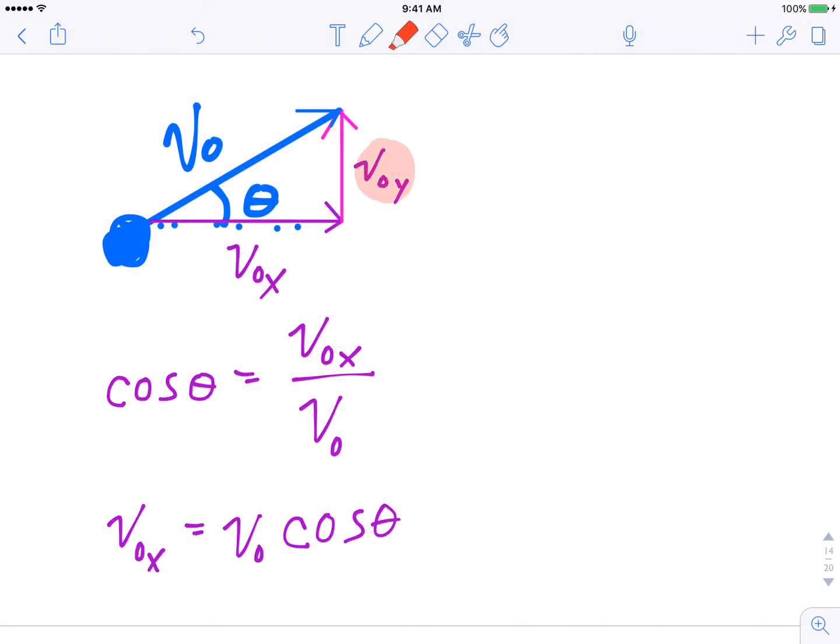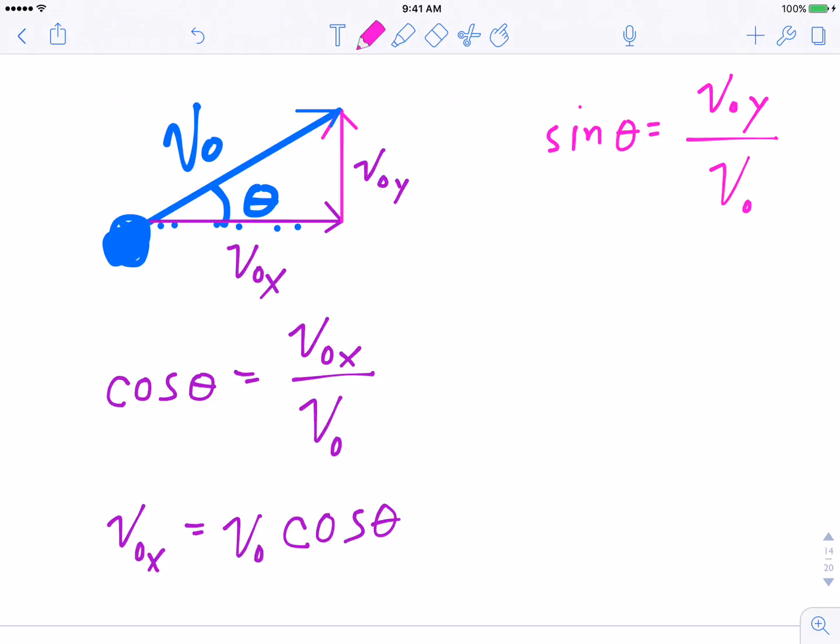On the other side, VOY is the opposite of the angle. We have our hypotenuse and we have our angle, so this time I'm going to use a sine function. The sine of theta is equal to the opposite side, VOY, over the hypotenuse, which is VO.